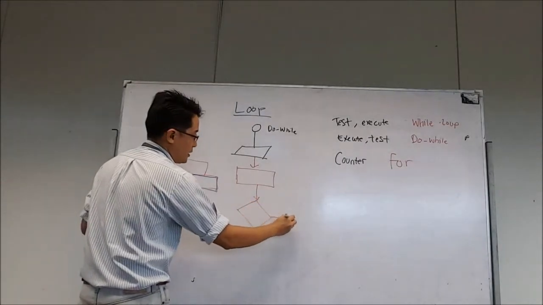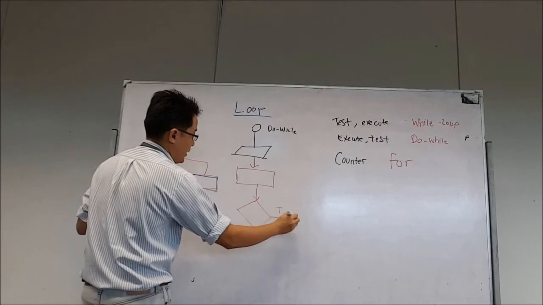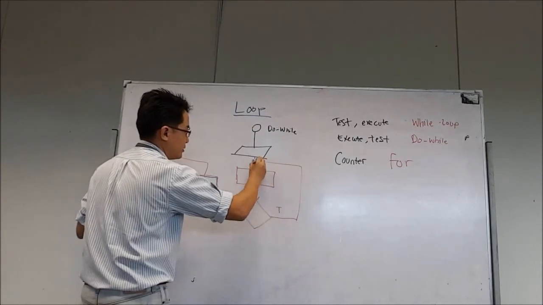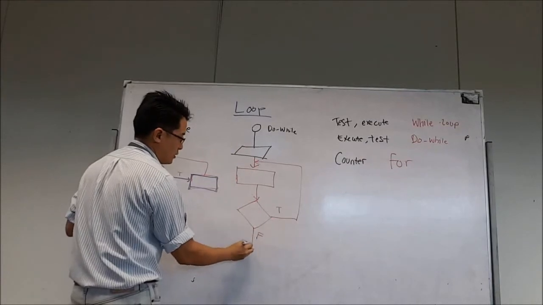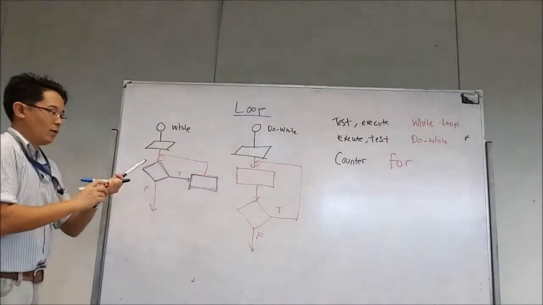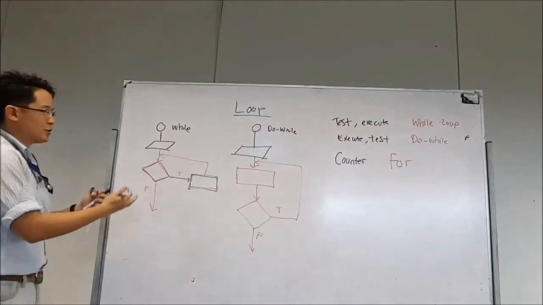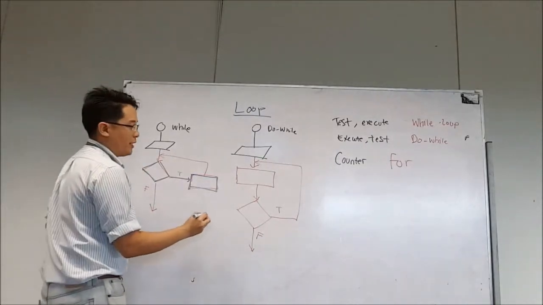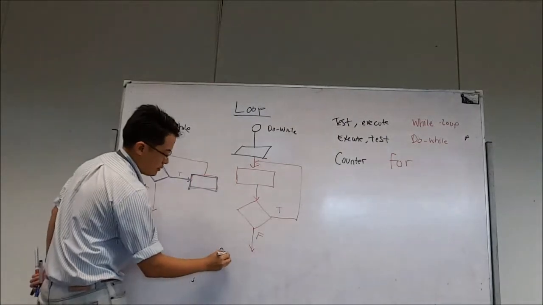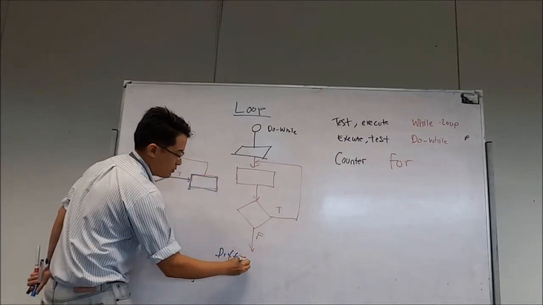If the condition is okay, then you repeat again. If the condition is not okay, you leave the loop. Now, how is this different from the while loop? It looks more or less the same, right? It's the order, a different order of the process and the condition.